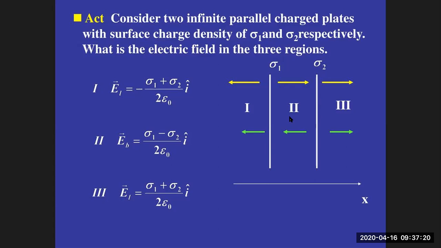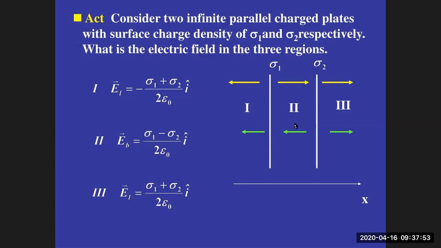Now at the same point, the electric field due to the second plate will be sigma 2 divided by 2 epsilon naught into minus I cap, because this point is to the left of this plate and to the right of the first plate. So the directions of the electric fields due to these two are opposite to each other. Now we have calculated the electric field due to each individual plate at the same point between the two plates.